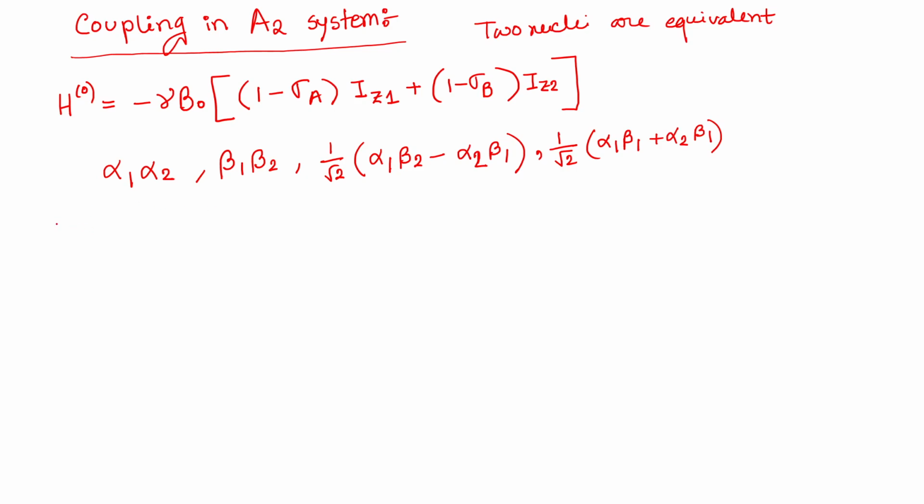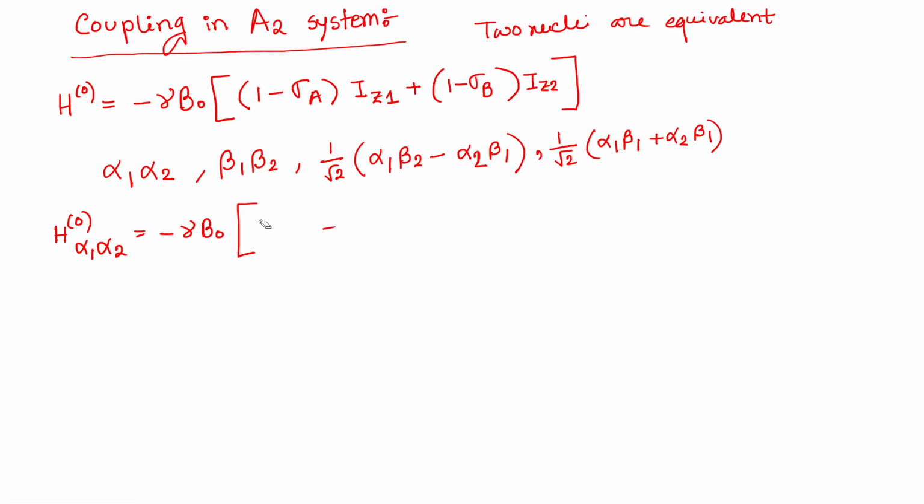So let us see what the energy levels are. Energy of the first one, alpha 1 alpha 2, is going to be minus gamma b0 1 minus sigma a Iz1. Okay, so I am writing it twice.